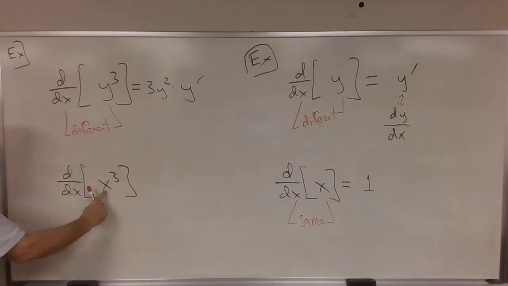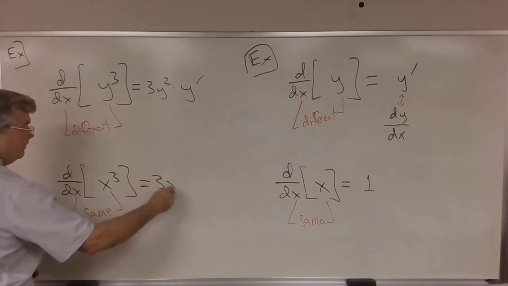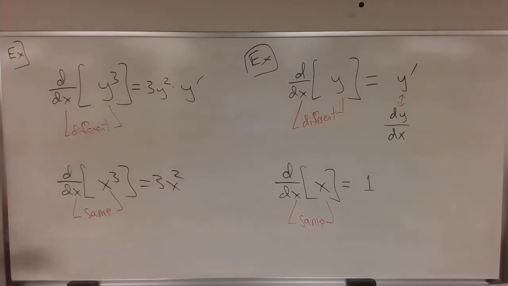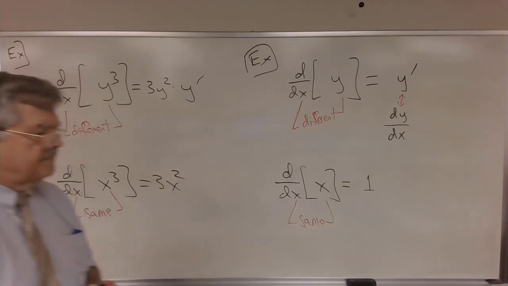The derivative of x cubed with respect to x. x is just what? Just a variable, nothing more. So no chain rule here. It's just 3x squared.